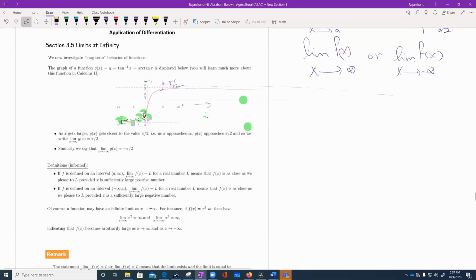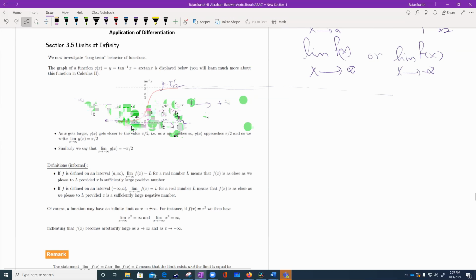At this end, this is positive infinity, and this is negative infinity. Remember, this is my real line, domain x. When x goes to negative infinity, my function is approaching this line, that is y equals negative pi over 2.